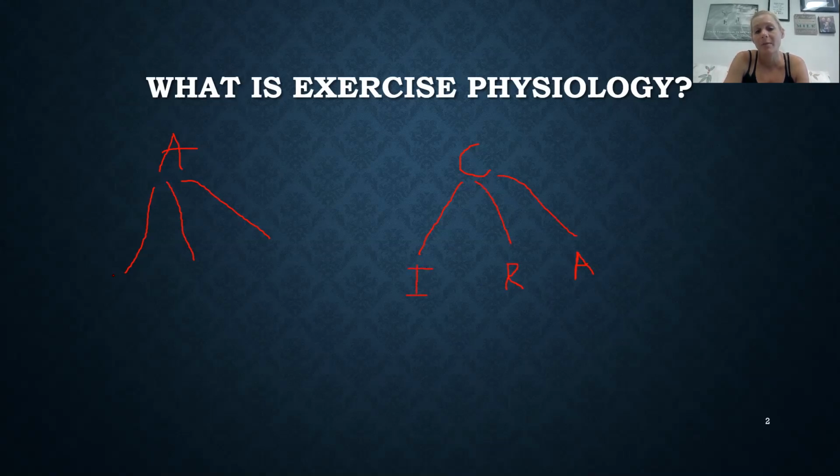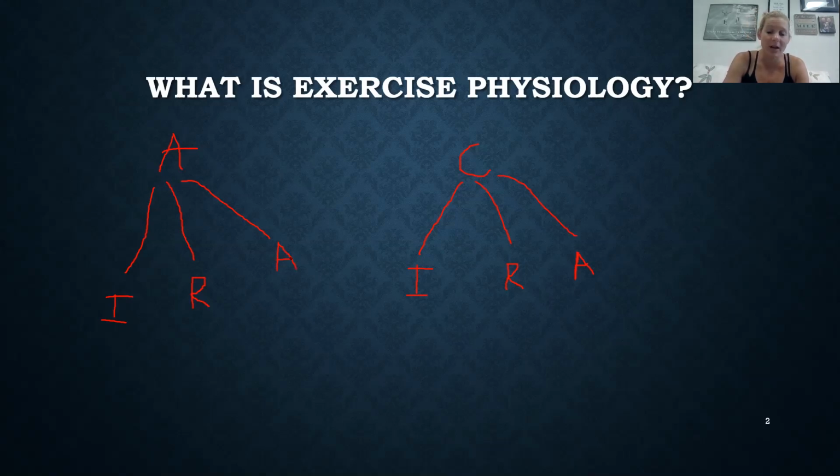The same applies when I look at how exercise affects me in an acute way. I can try to understand what's going on when I do intermittent sport. I can try to understand what's happening when I do one single resistance training bout, and I can try to understand what's happening to my body when I do aerobic exercise, such as a moderate run or bike or swim.